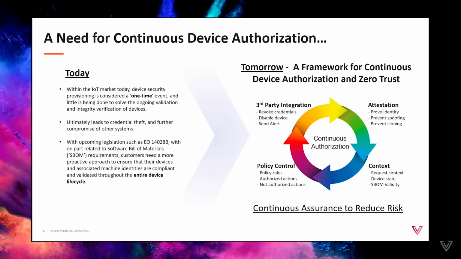So we can now talk about some of the foundational elements for a continuous device authorization framework and how they tie into each other. If we start at the top right in this particular slide, we'll start with attestation. As I mentioned before, the groundwork to applying any authorization process is the authentication and the attestation of the machine identity.